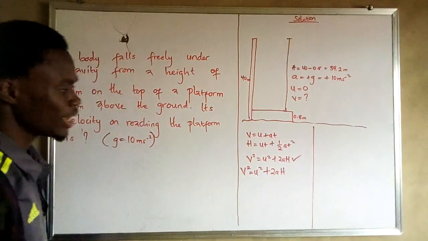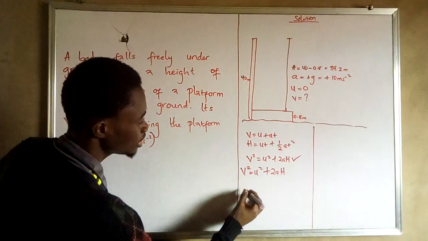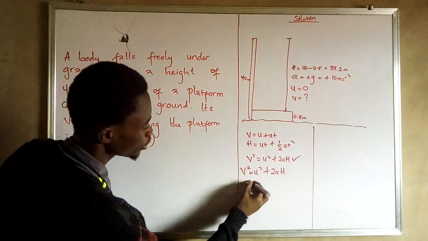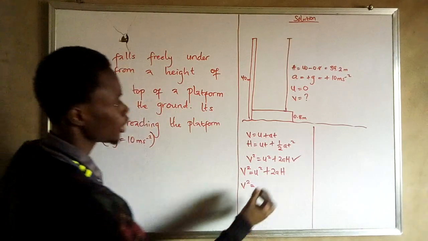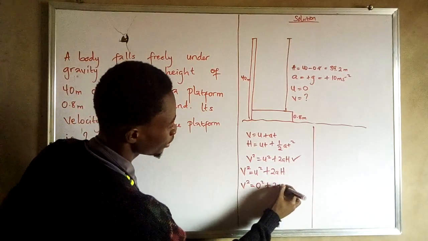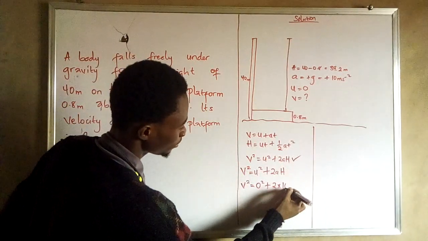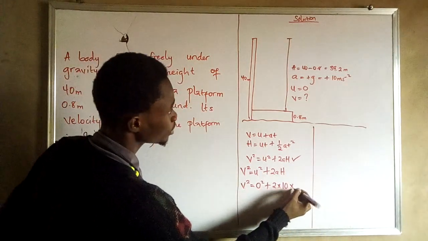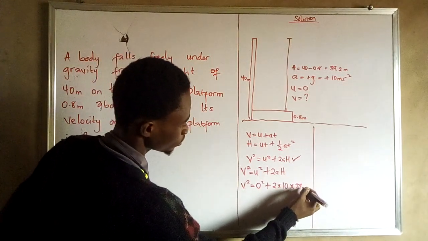So now we will be making our substitution. Our v is unknown. Our u is 0 squared, 2 times acceleration, which is our positive gravity, 10 meters per second squared, and our maximum height 39.2.